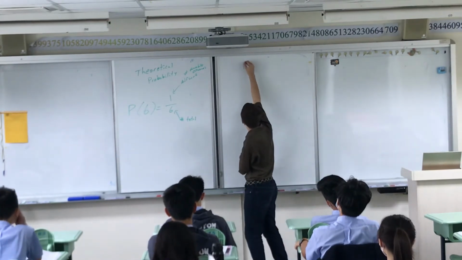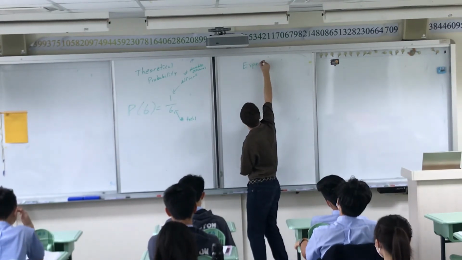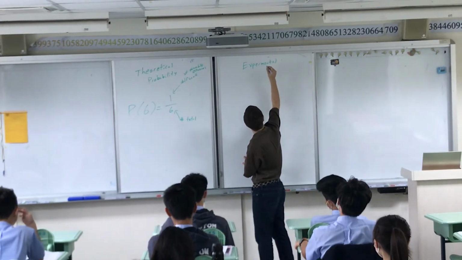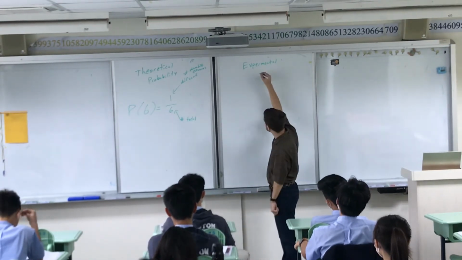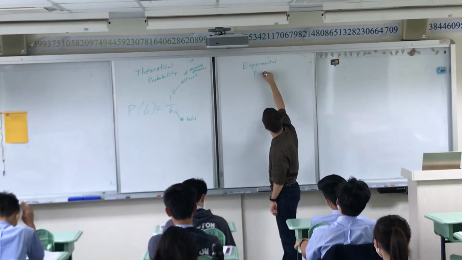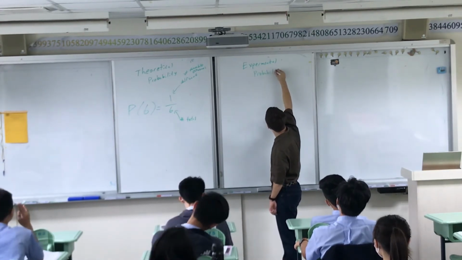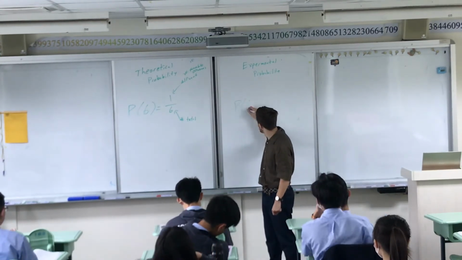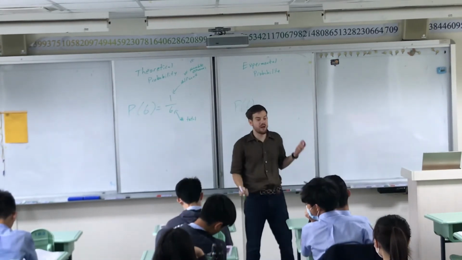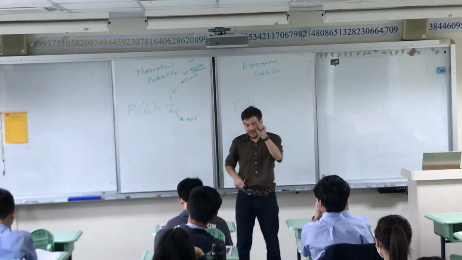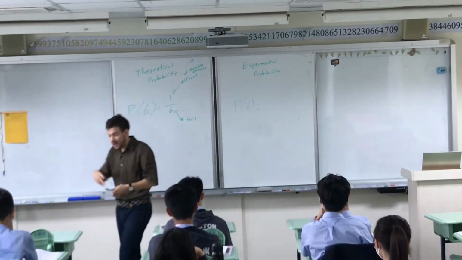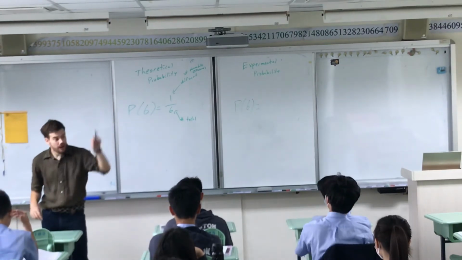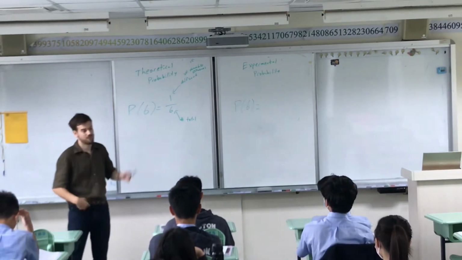In experimental probability, what's an experiment? The test effect. Yeah, experimental probability. We actually have to do a test. So when I do my experimental probability, let's say I actually go out and take one die and roll it 600 times and write down what it lands on each time.